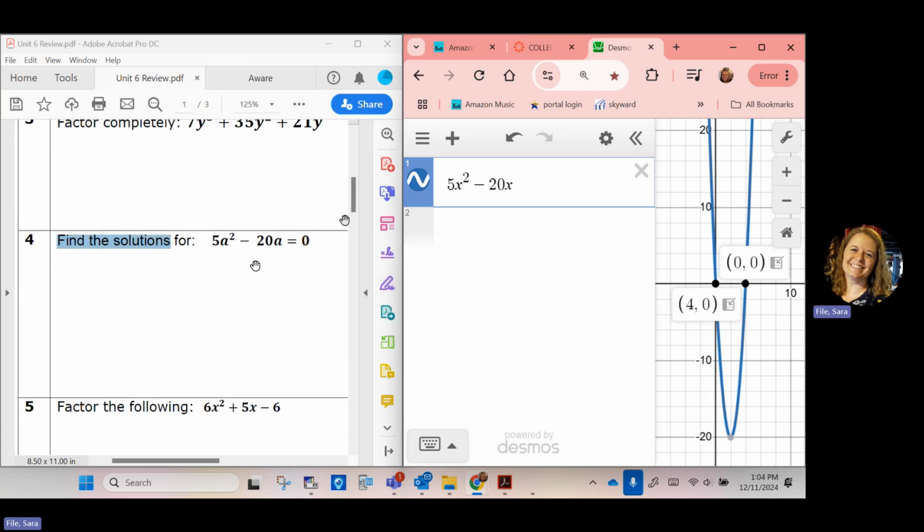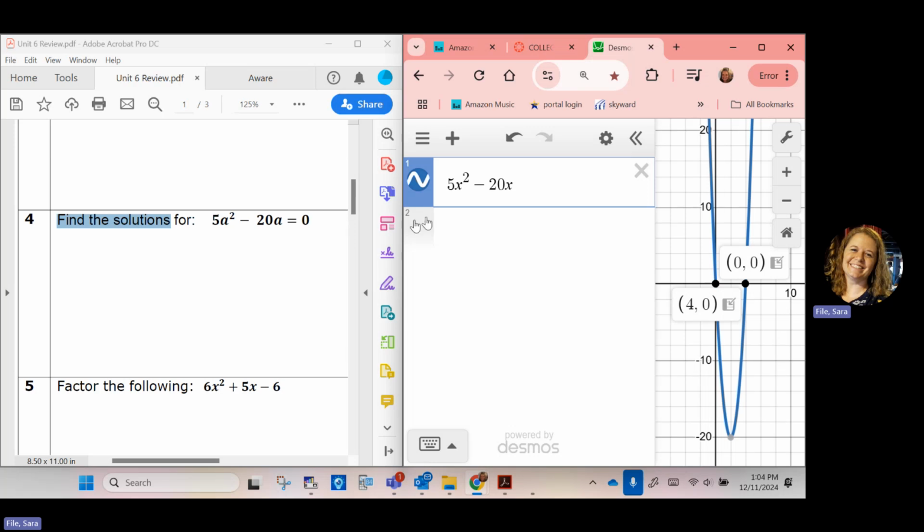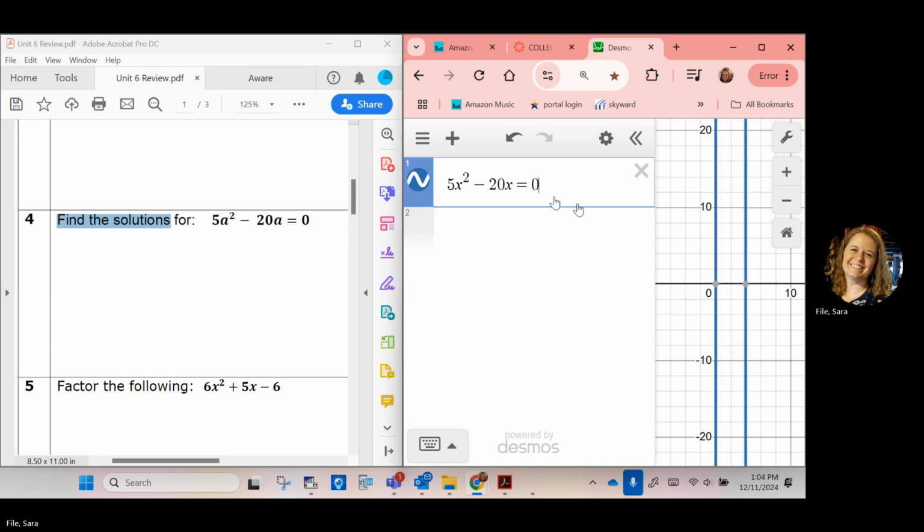The other thing you may notice while we're still on this one: if I type in equals 0, I don't see that parabola anymore, but I still see the solutions at 0 and 4. It's just drawn as vertical lines through those points. Those are still the solutions. It's just not given as a parabola when you type the equals 0. So you can leave out the equals 0 if you prefer to see the actual shape of the function.